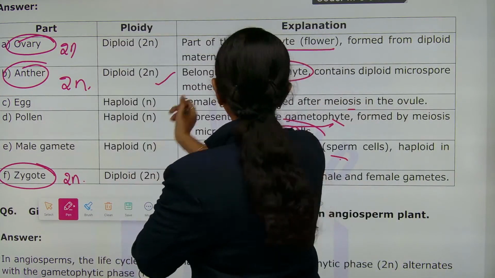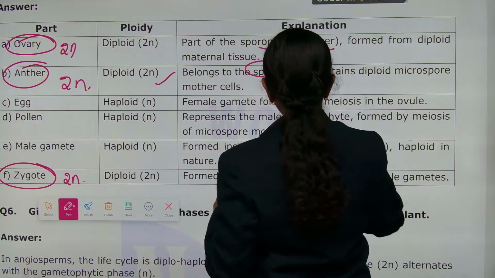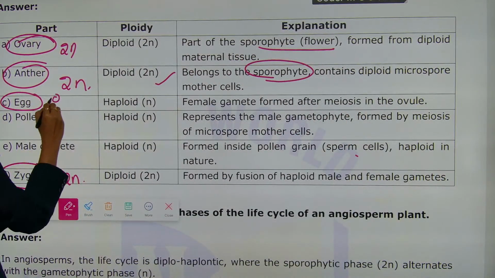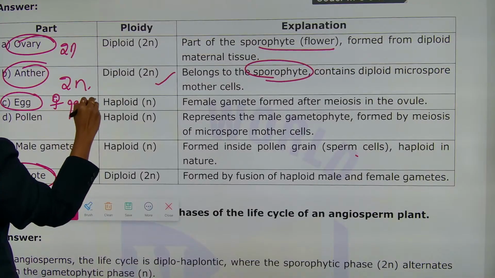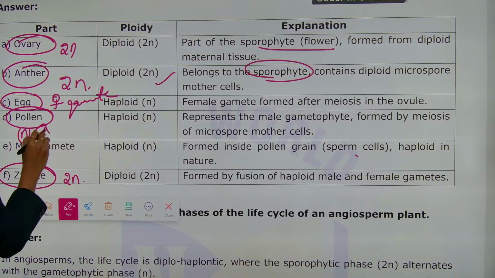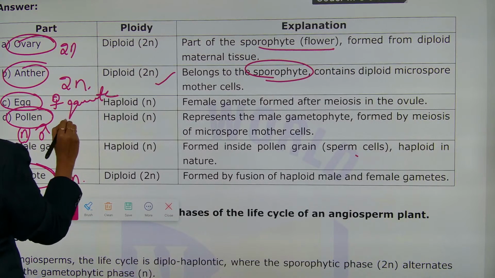Haploid cells: if you see egg and pollen, these are haploid. This is the haploid female gamete. Pollen is the haploid male gametophyte, which consists of the male gamete. This is the haploid male gametophyte.